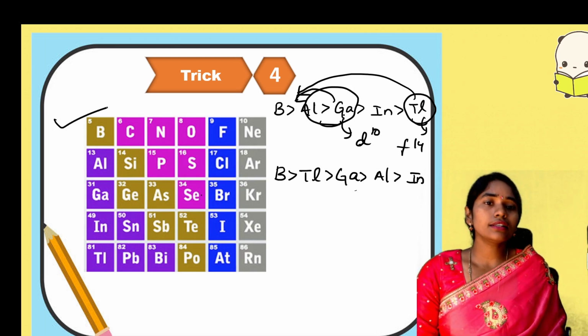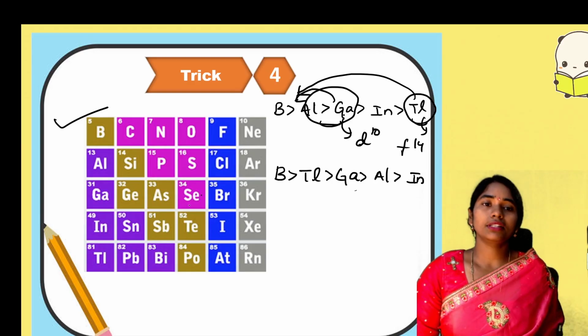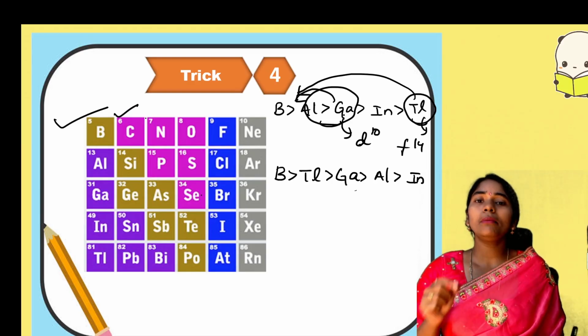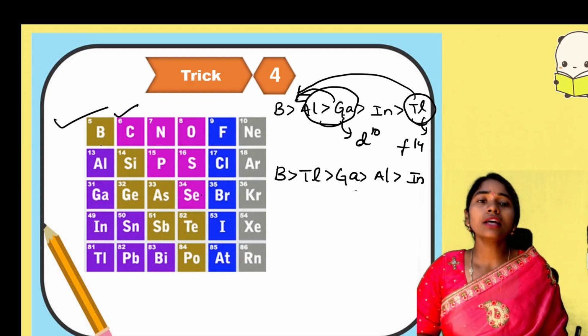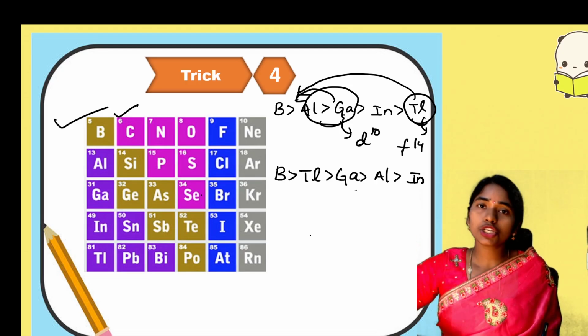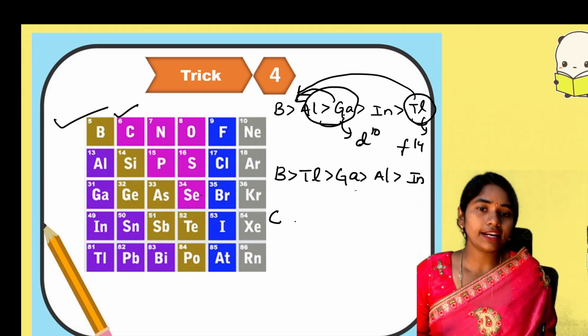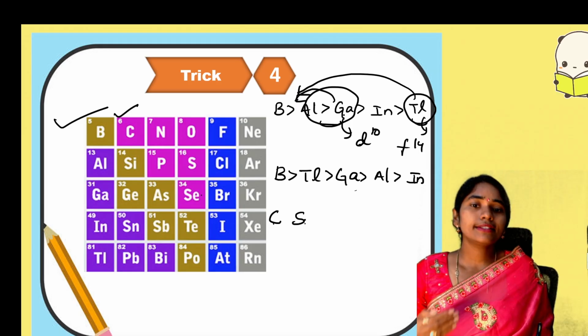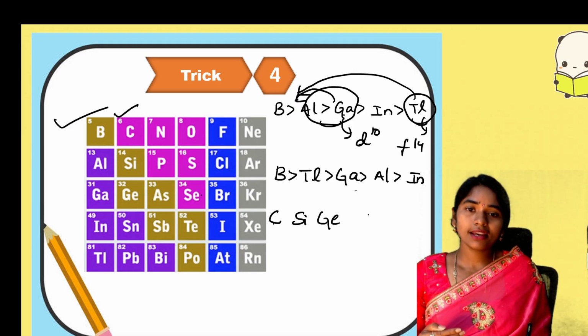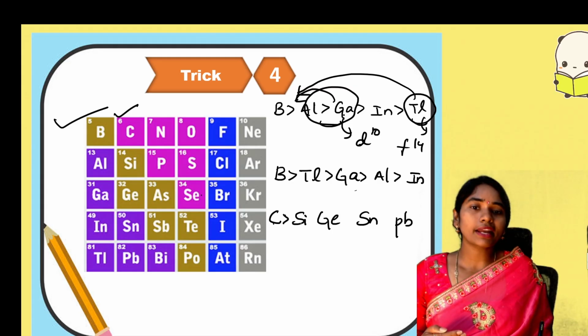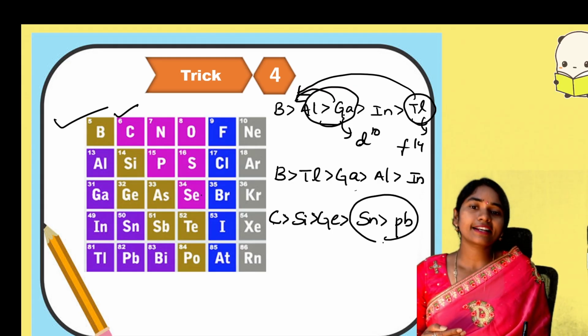And now this is for the 13th group elements. Coming to the 14th group elements or 4A group elements, top to bottom usually ionization energy decreases. So the expected trend is carbon, silicon, germanium, tin, lead. This is the expected trend. Top to bottom it should decrease. But there is an exception here.